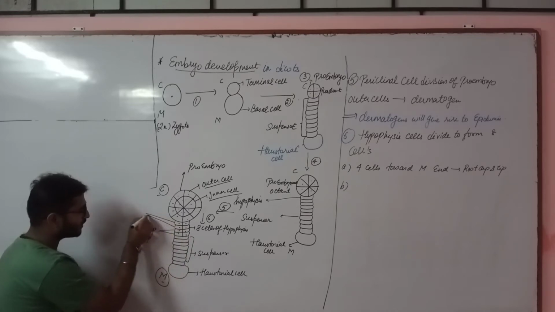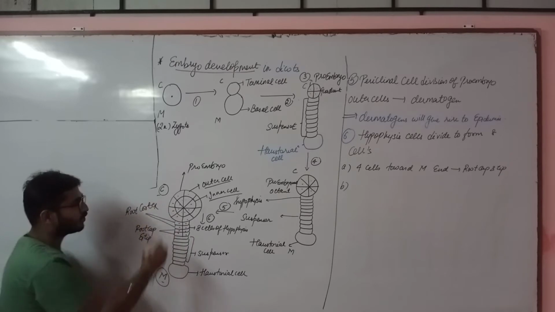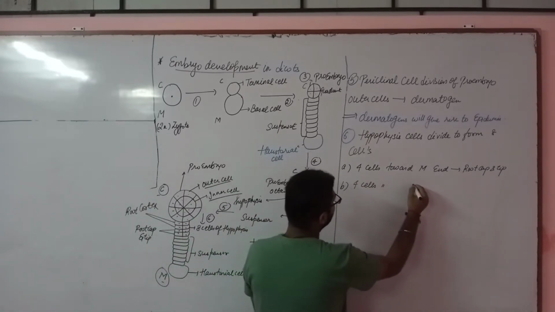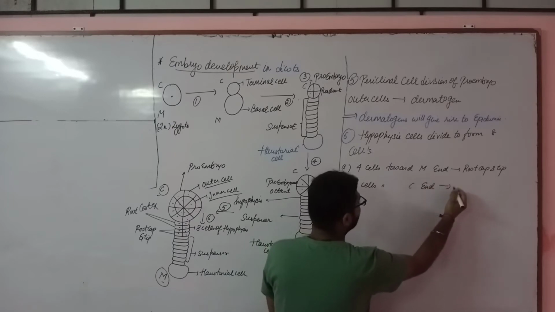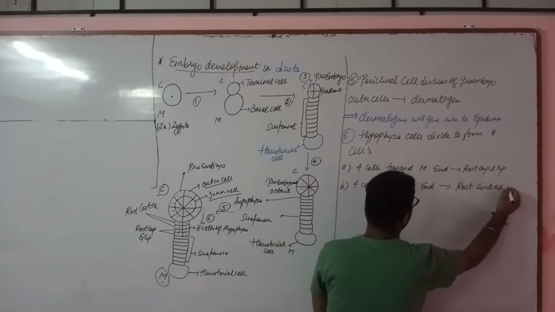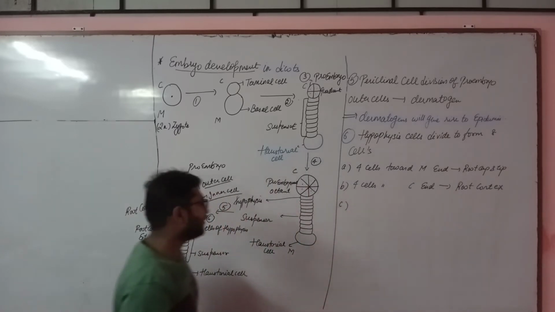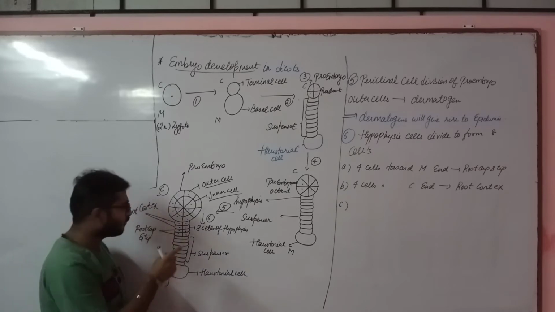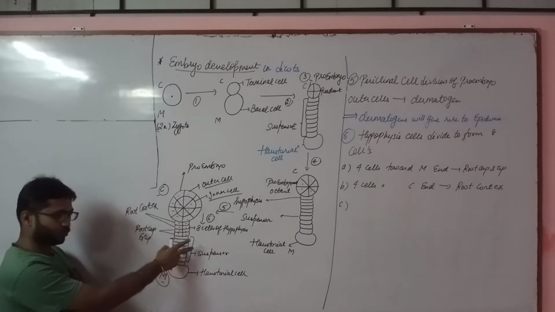These cells will give rise to root cortex. So the 4 cells towards the C end, that is the chalaza end, will give rise to root cortex.